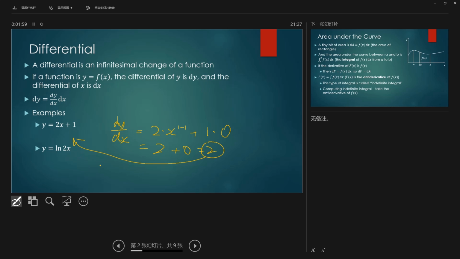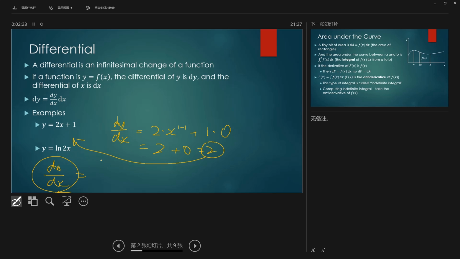And for the second one, y equals the natural log of 2x. We have to write dy over dx every time in differential. So dy over dx of natural log 2x.